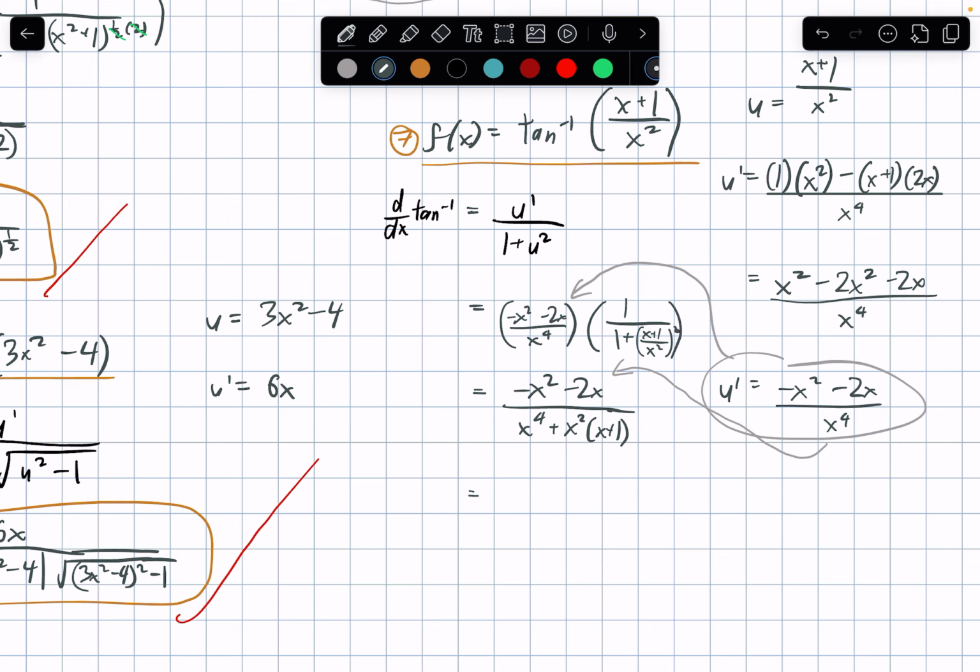Are we supposed to put a raised to 2 there? We didn't write it yet. That might be a way to find the correct answer. Okay, wait. So x raised to 4 plus x raised to 4 times that.